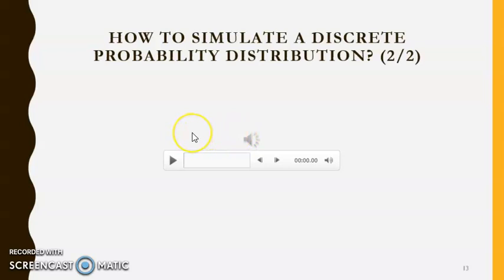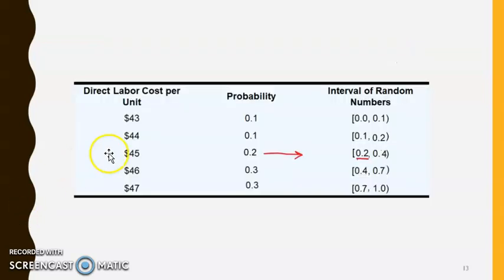You can check it on your PowerPoint, and I'm also going to explain it here. When you have this table, the only thing that you need to add to generate the random number is another column, a random number between 0 and 1.